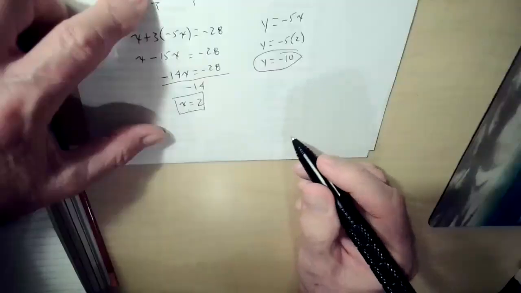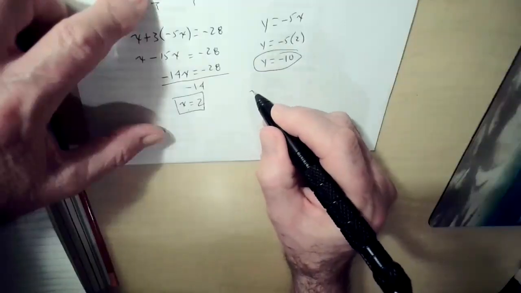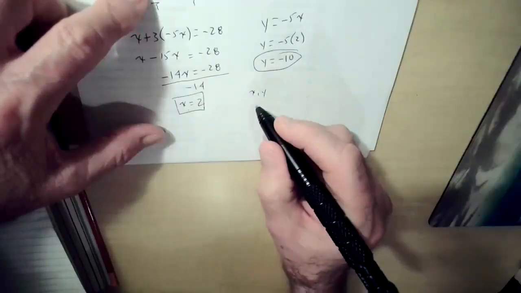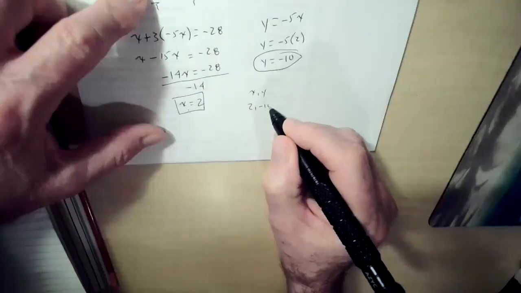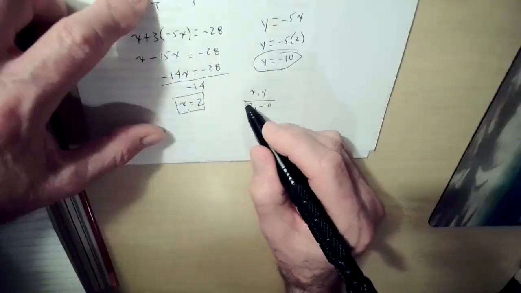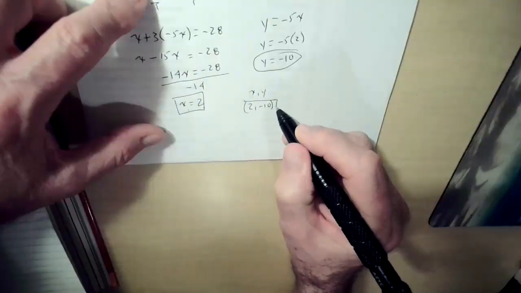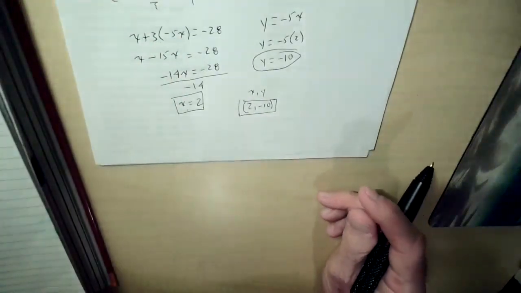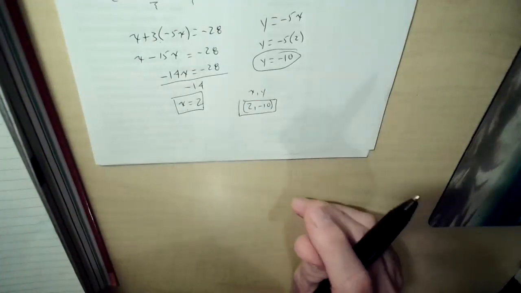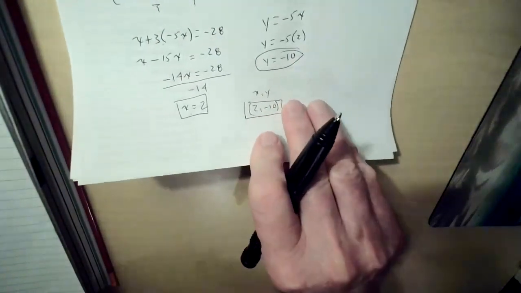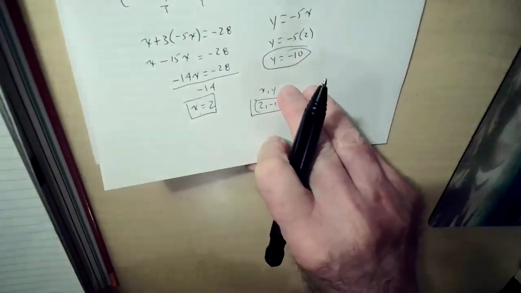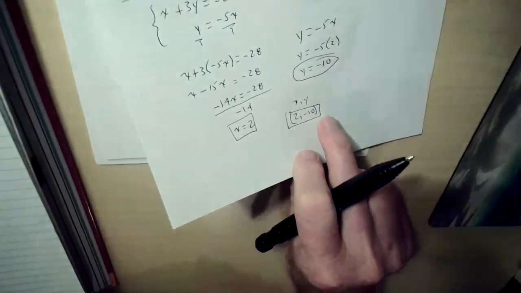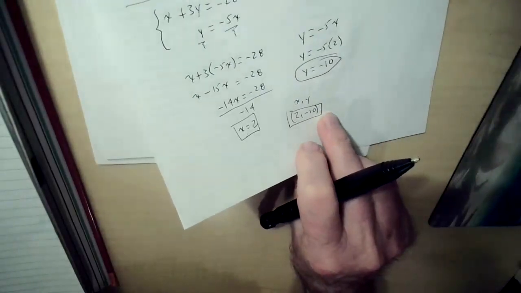Instead of x, y equals negative 5 times 2, so y is negative 10. So our answer here is, again, always in the form x, y, in parentheses: 2 comma negative 10. Okay? What could be more fun?